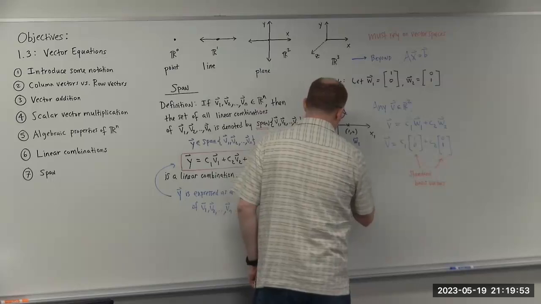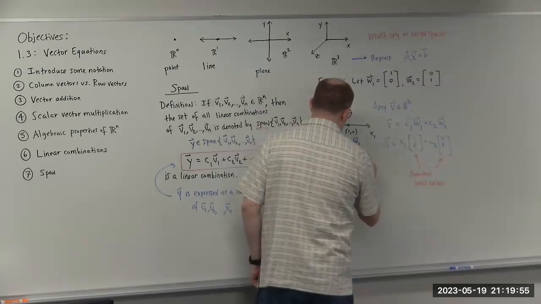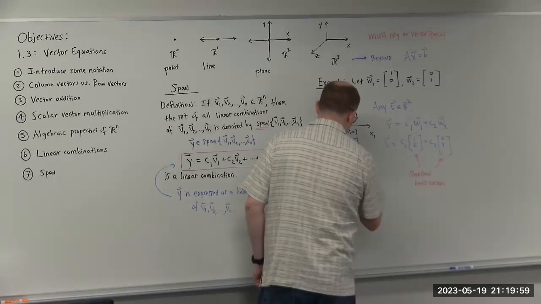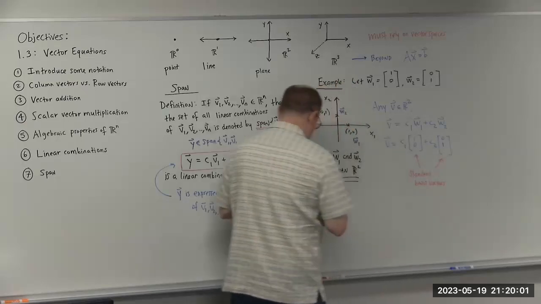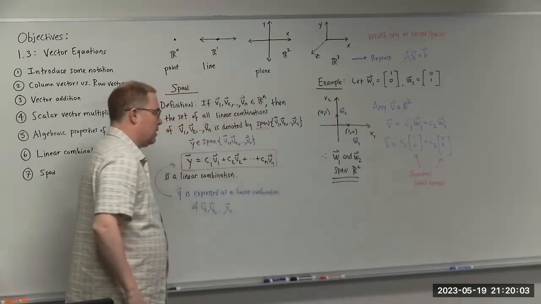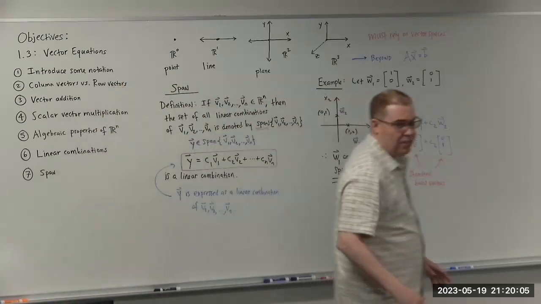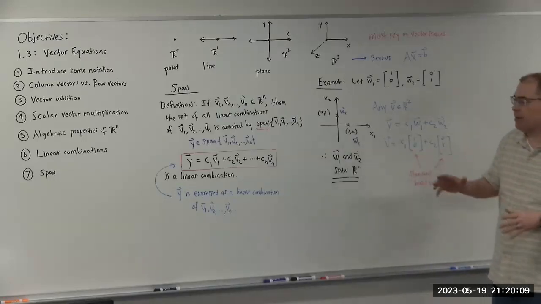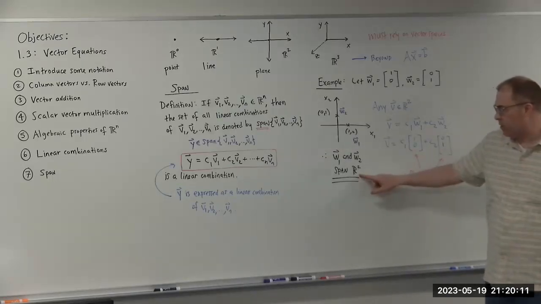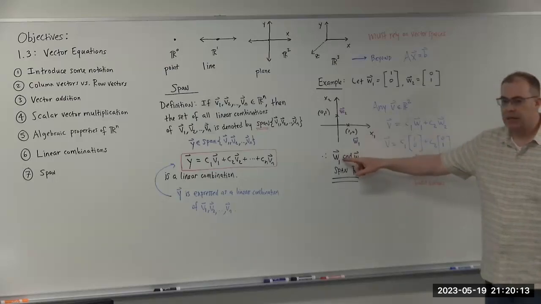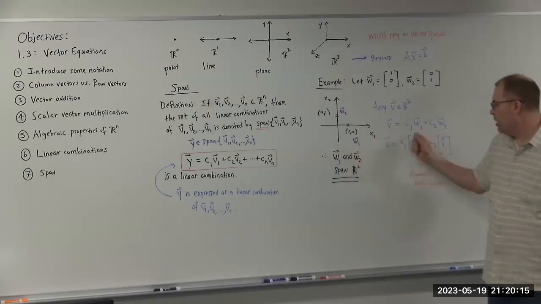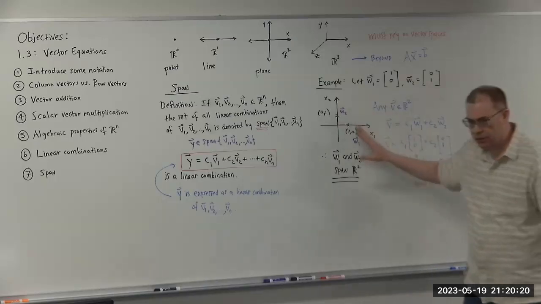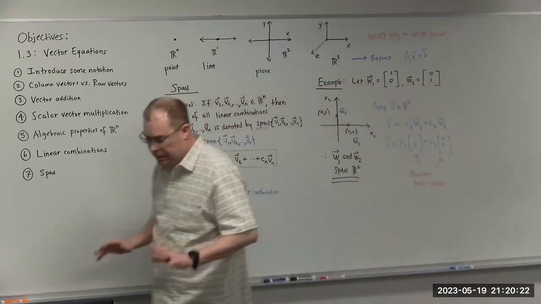If you see something like that, all it means is that any vector I pick in R2 can be represented as a linear combination of W1 and W2. This will hold true for any vector you pick in this plane.